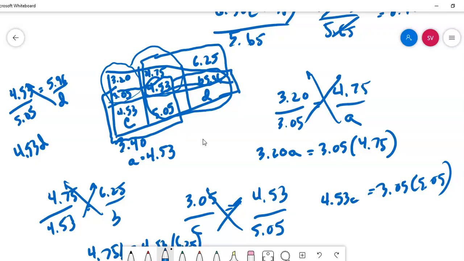And then 5.05 times 5.96 will give you 30.098 divided by 4.53. And you should get 6.64.